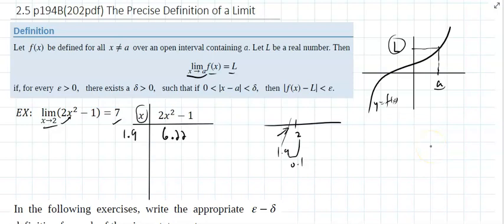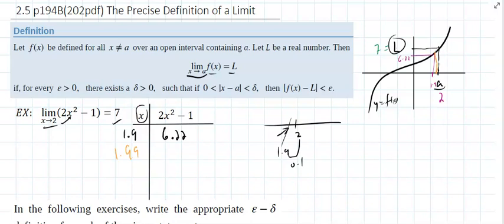Now we know it's 6.22, so when I went, let's say the idea was this is 2, and let's say this is the 7. By picking a value below, so if this is 2, let's say that's 1.9, the answer was 6.22. I'm far from 7. So what I did, the second round, we said, okay, let's pick a closer number. How about 1.99? How about if I got closer?